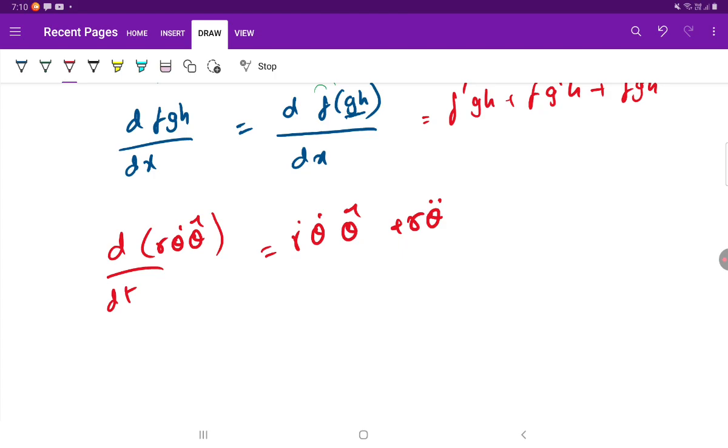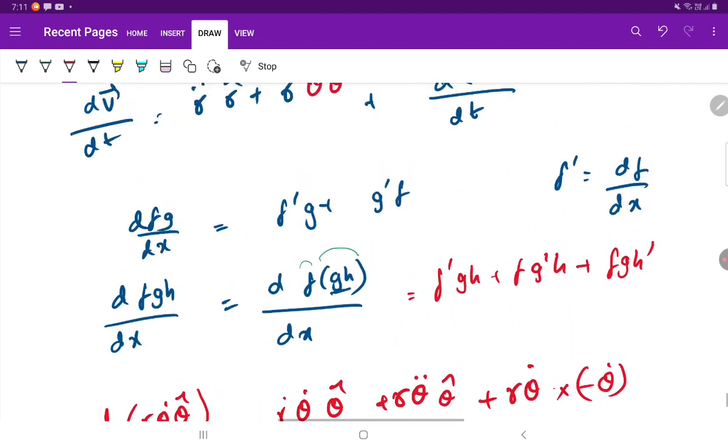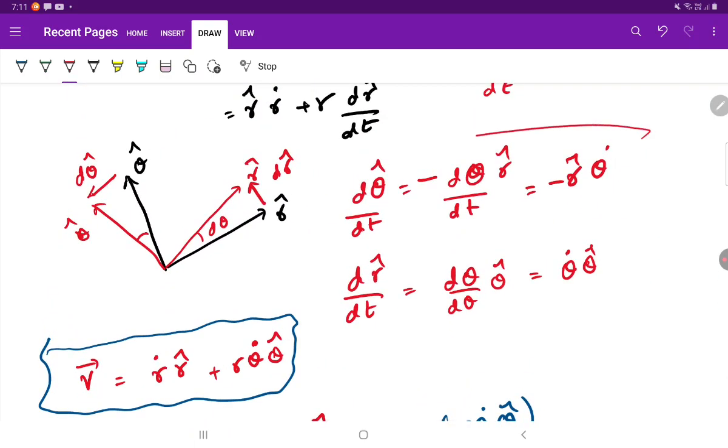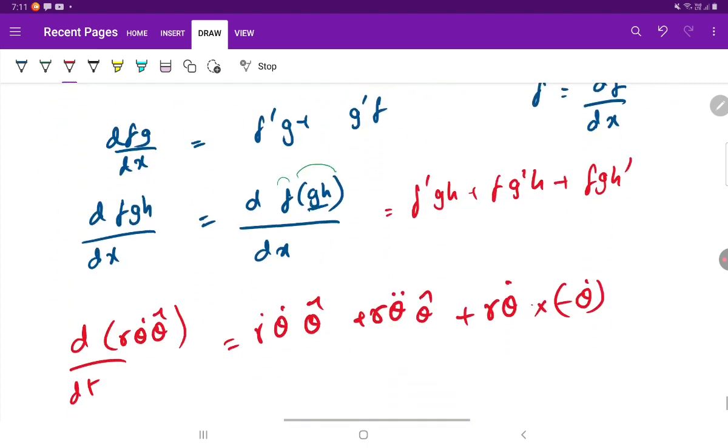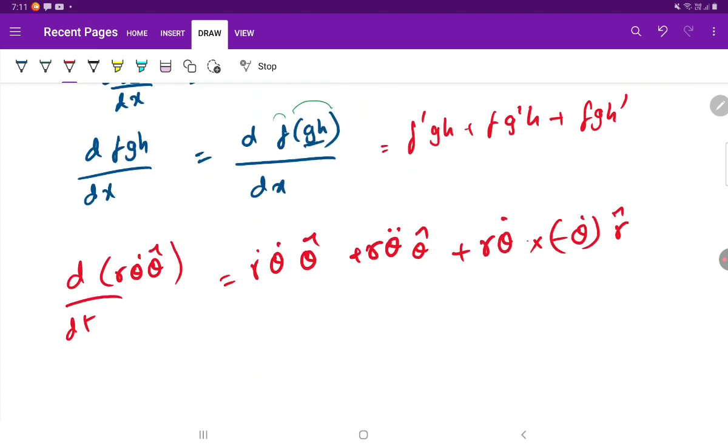So you'll get r theta dot theta cap double dot, r theta double dot theta cap plus r theta dot, what is d theta cap by dt? D theta cap by dt is written as minus theta dot r cap, which I previously derived. So it will be r cap another.